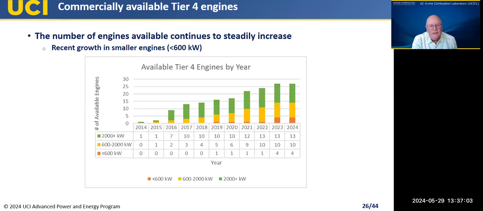What you can see is there's not a huge number available, but there are engines available, and we are starting to see developments on the smaller side, right? So engines below 600 kilowatts are starting to become available. And there is steady growth from 2020 and onward. Next slide.